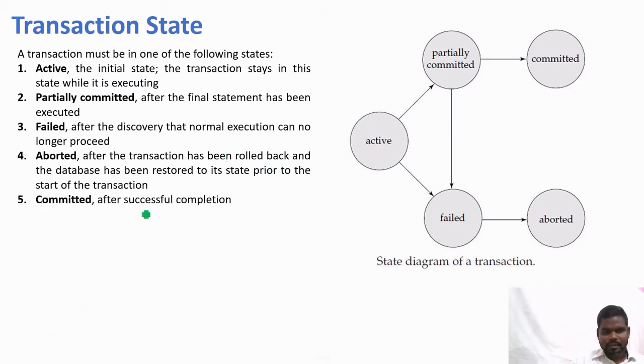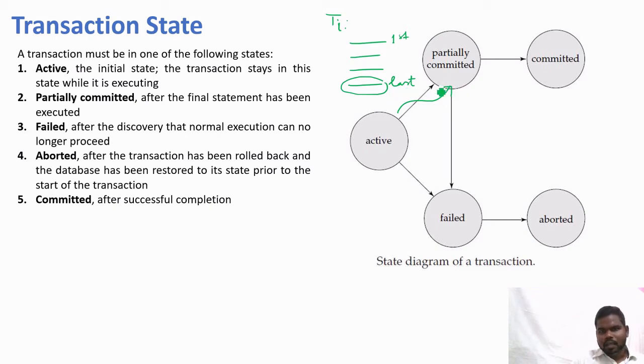Okay, now come to the committed state. It is after the successful completion of the transaction, so that is called the committed state. It means, let's suppose Ti is a transaction, and these are the operations within the transaction. This is the first operation and this is the last. When the transaction executes the last operation, it enters into the partially committed state.